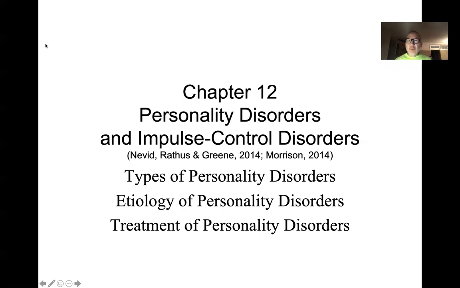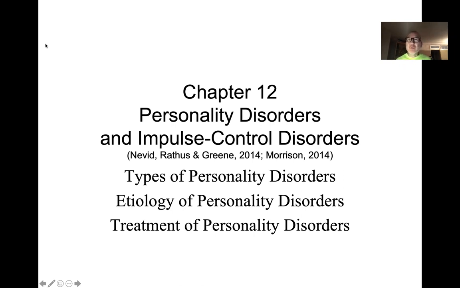Regarding personality disorders, we will go through the major types of disorders. I'll go through some case studies and try to distinguish the different personality disorders from each other, because there is a certain degree of overlap in the characteristics of different personality disorders.